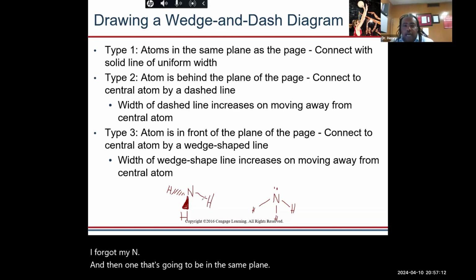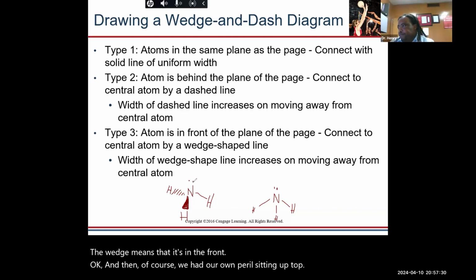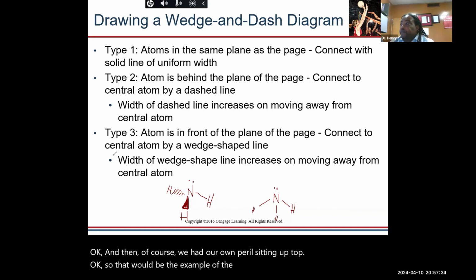Okay, so the line represents it's in the same plane as our center atom. The Wi-Fi means that it's in the back. And then the wedge means that it's in the front. Okay. And then, of course, we got our lone pair. Okay, so that would be the example of the wedge dash diagram.